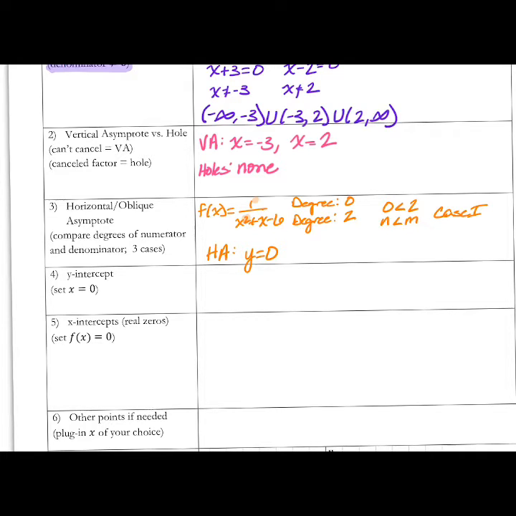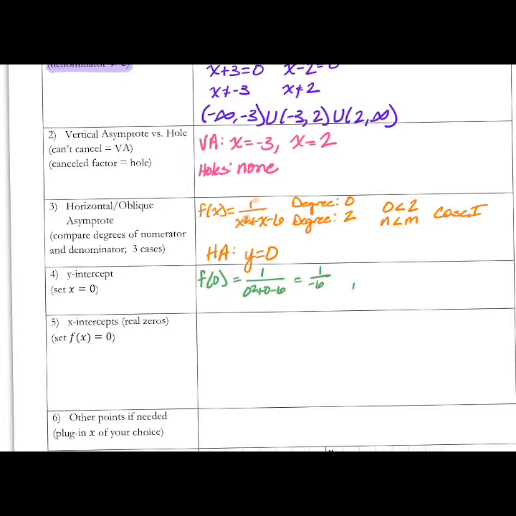Okay, and now I want to find my y-intercept. Well, how do I find my y-intercept? Well, I set x equal to 0. So I'm going to find f of 0. That means wherever there's an x in my equation, I'm going to put 0. So I've got 1 over 0 squared plus 0 minus 6, which is 1 over negative 6.